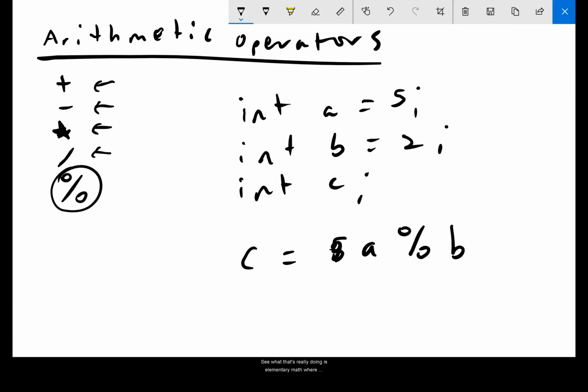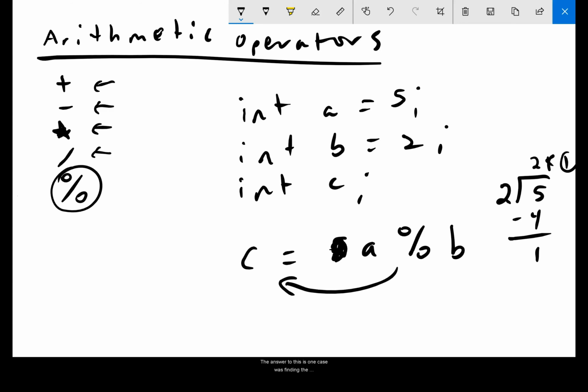What that's really doing is elementary math, where you take 2 into 5, and you go, okay, how many times does 2 go into 5? It goes in twice. So 2 times 2 is 4. You subtract that out, you get 1, right? And remainder 1. Okay, so in this case, the answer to this is 1. So it's finding the remainder.